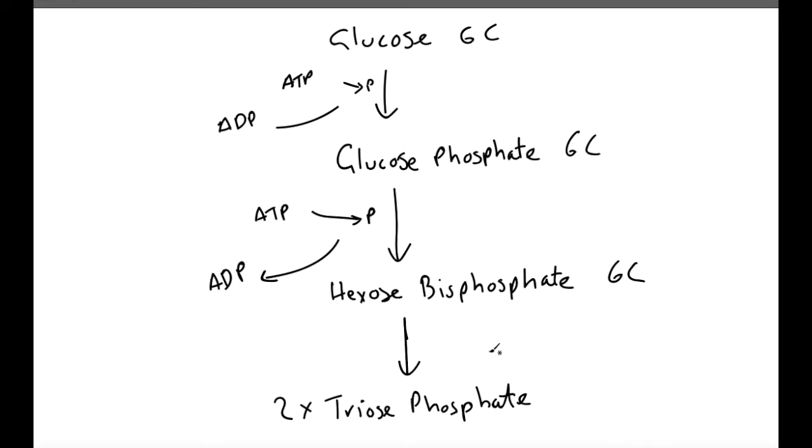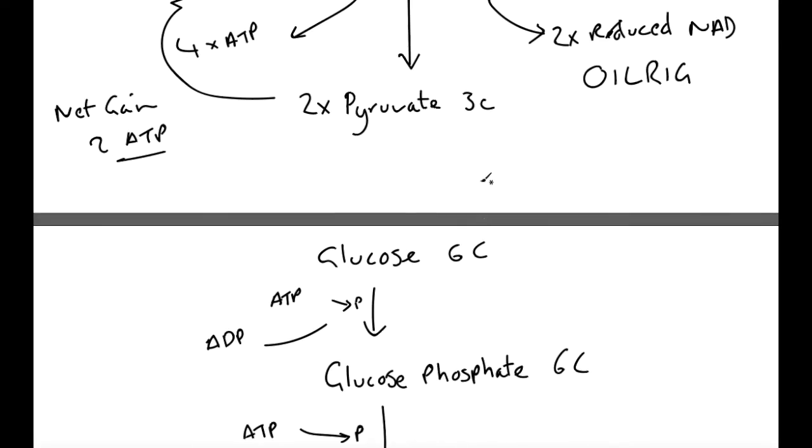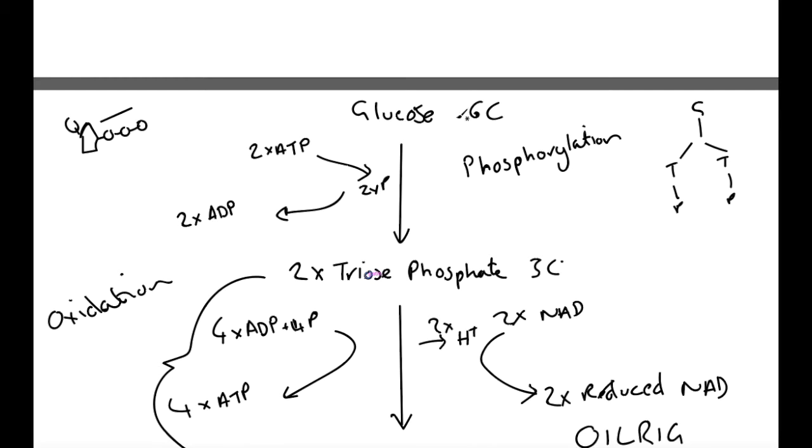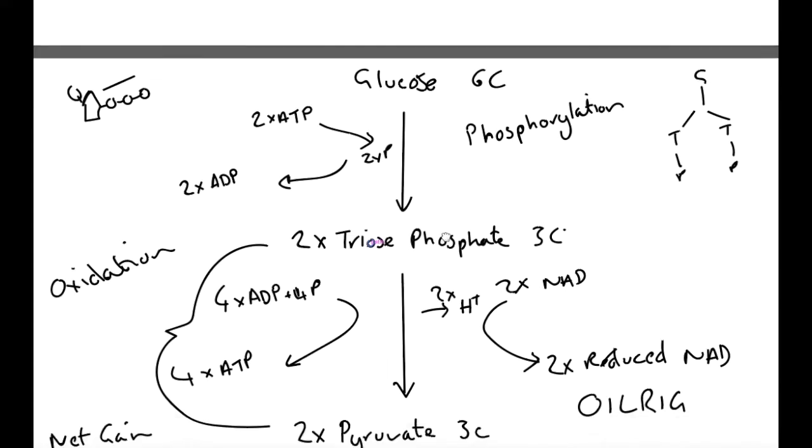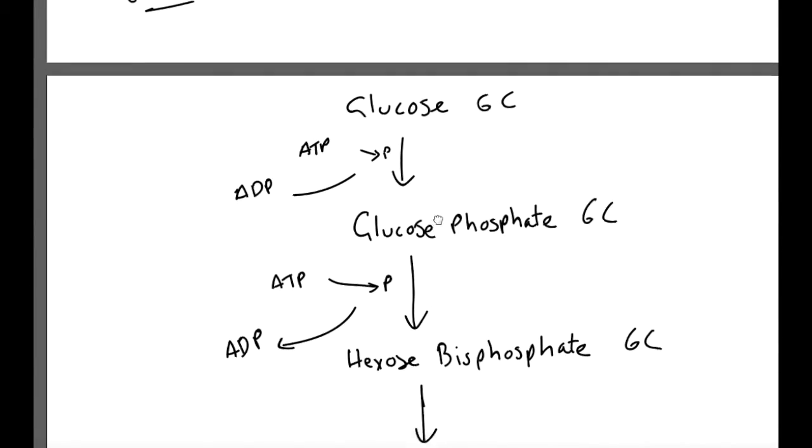Now, I hope that hasn't confused you too much. You get your 3 carbons here, but there's 2 lots of them. So this is just a zoom in of this stage here. So this is also phosphorylation, just in more detail.